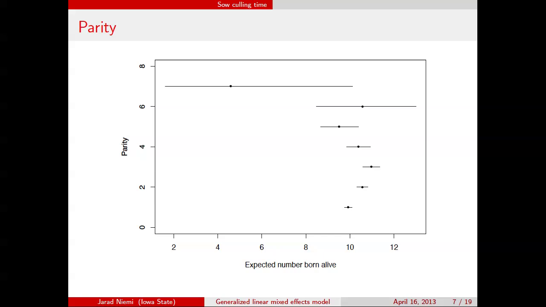Okay. All right. So one thing that we did not do with the fixed effect here, but we might want to consider, is having something that forces sort of a smooth function for parities 1 to 7. Right? That is, somehow you probably think that parity 2 is more similar to parities 1 and 3 than it is to 4, and than it is to 5, than it is to 6, than it is to 7.